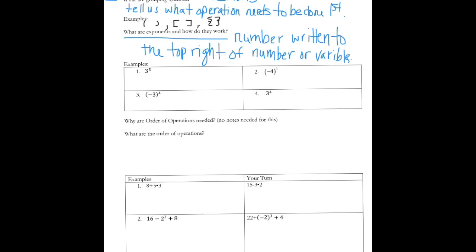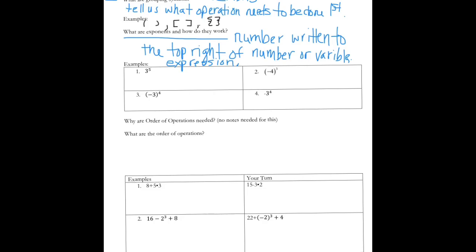So it could be written to the top right of a number, a variable, or an expression. Right now, we're just going to worry about seeing exponents written to the top right of a number. So for today's lesson, we're just going to focus on them being written to the top right of a number.